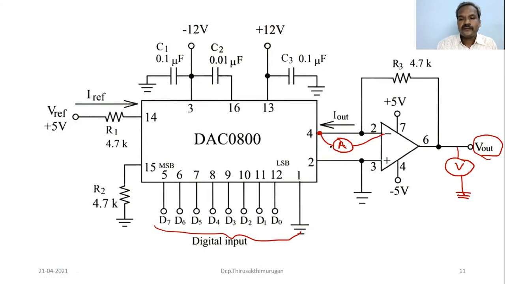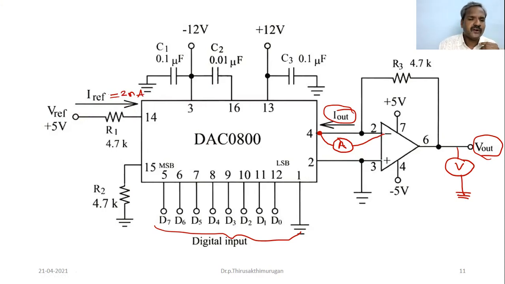This is for I out measurement, and this is for voltage output measurement. Clear? The reference current required for the DAC is 2 milliampere. For safer operation, it should not exceed 2 milliampere, so it should be less than 1 milliampere.